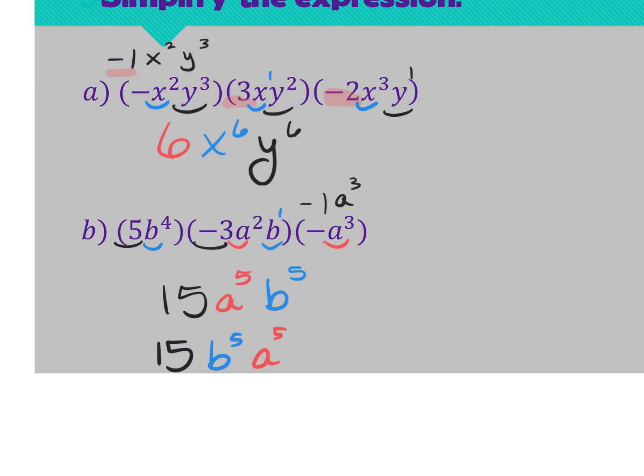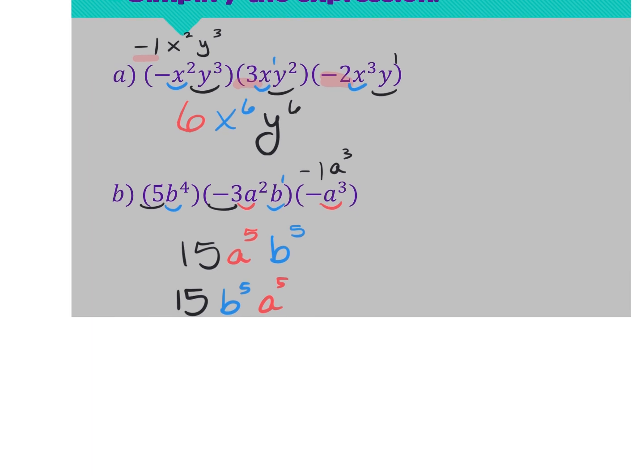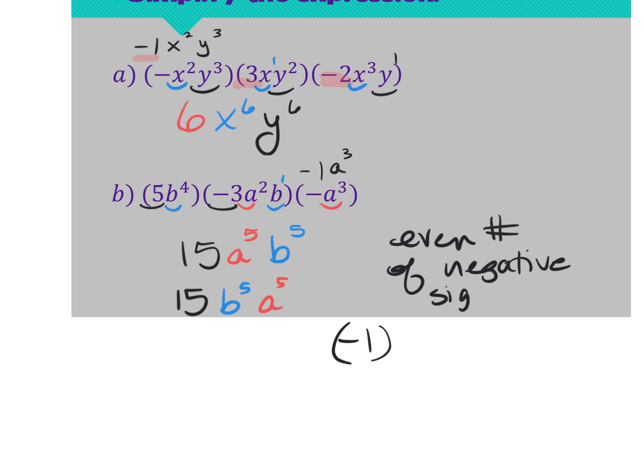Now, what I was saying about the even and odd business. For example, let's say I have, without any variables, just showing you what I mean, an even number of negative signs, your answer is going to be positive.